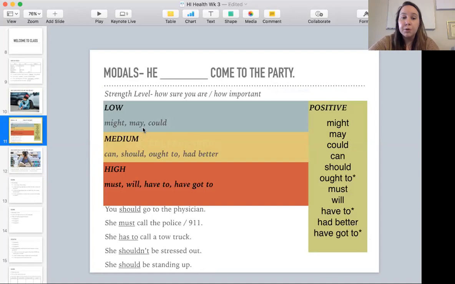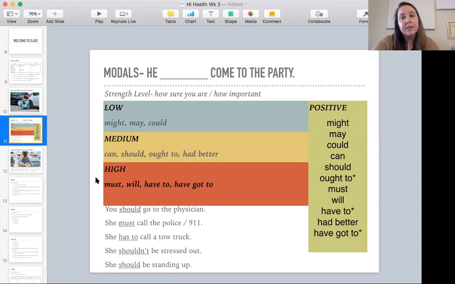Practice using your modals from low strength, medium strength, and high strength. There's different situations where you might not need really high strength advice. Sometimes you just need to give options, and that would be using our low strength modals. So practice using them at each level for different situations.